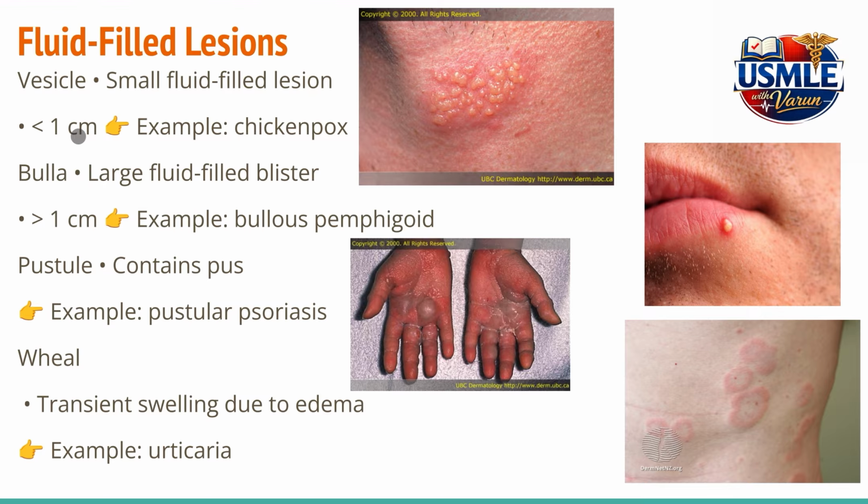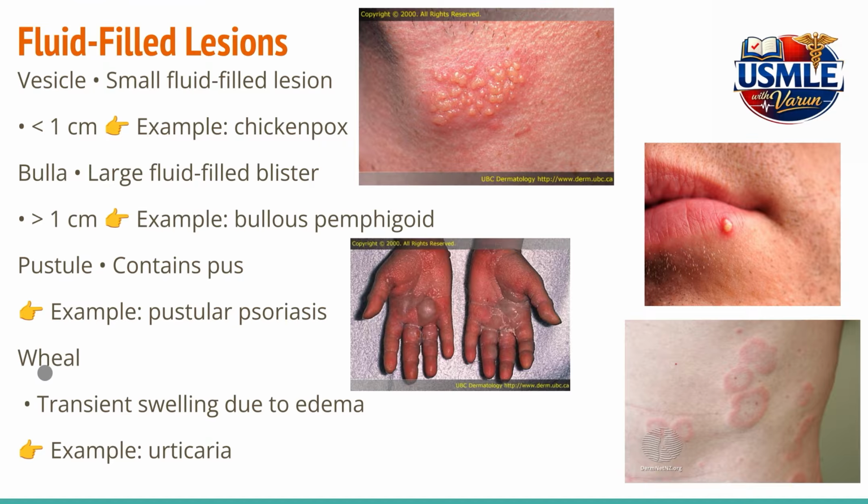So vesicle less than 1 centimeter, bulla greater than 1 centimeter. Whenever this fluid-filled lesion contains pus, we can call it a pustule. These pustules are mainly seen in conditions like pustular psoriasis. Bulla are seen in bullous pemphigoid, and vesicles are characteristically seen in chickenpox and shingles.